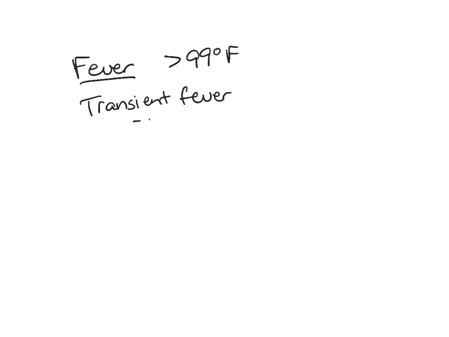A fever is a body temperature over 99 degrees Fahrenheit. A transient fever is a fever that occurs with exercise. So we see this a lot in young children who are out playing in the playground and just working up some heat.